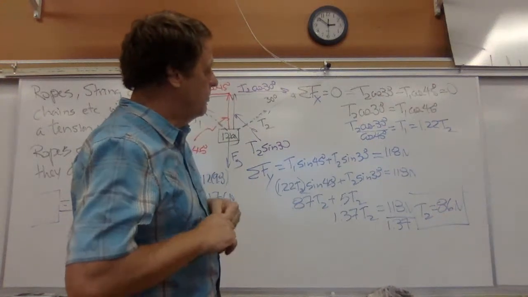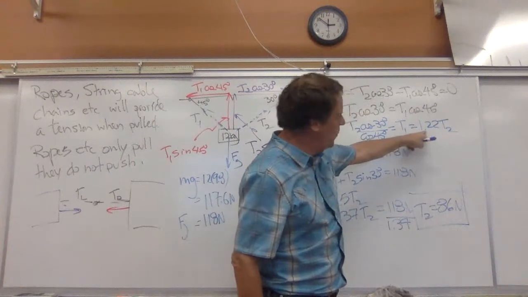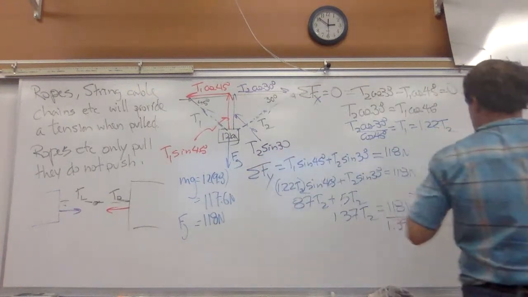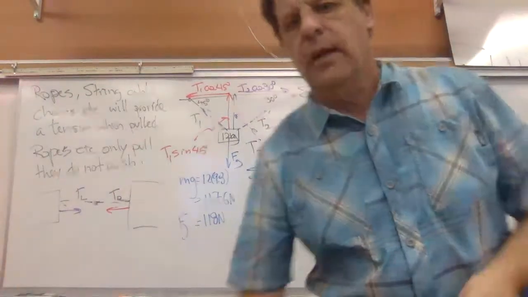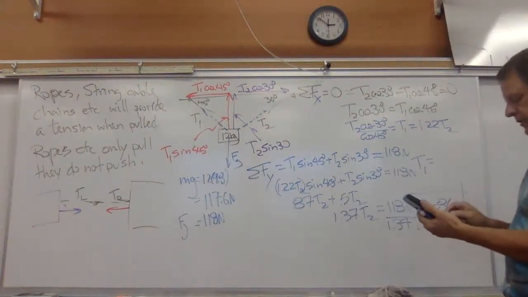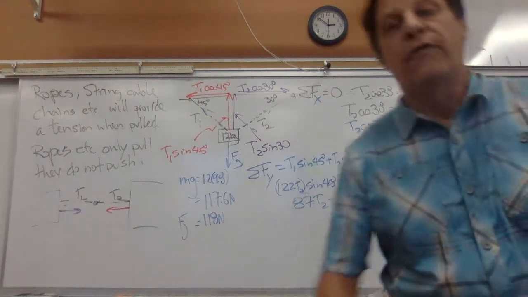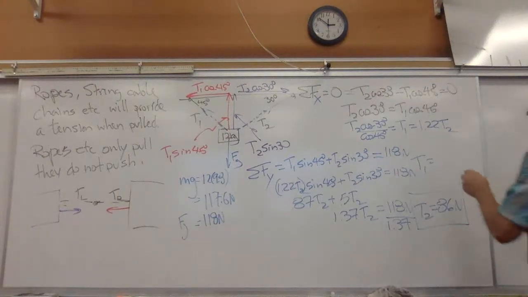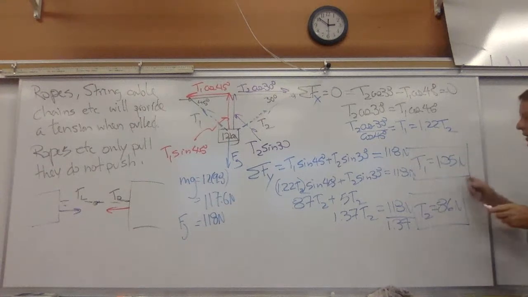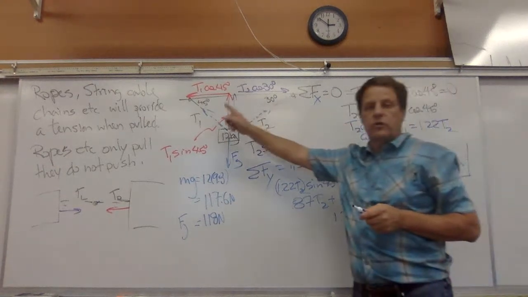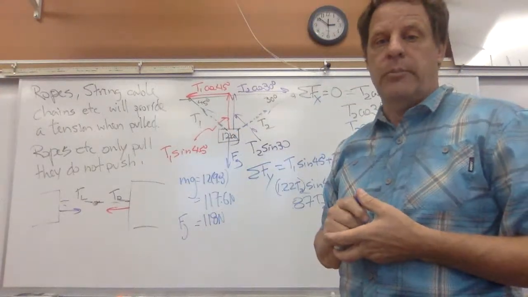Now we can multiply this 86 times 1.22, and we get T1 is equal to 105.08. So this is going to be 105 newtons. And these are our two tensions, and we have solved for the tension of this static equilibrium problem.